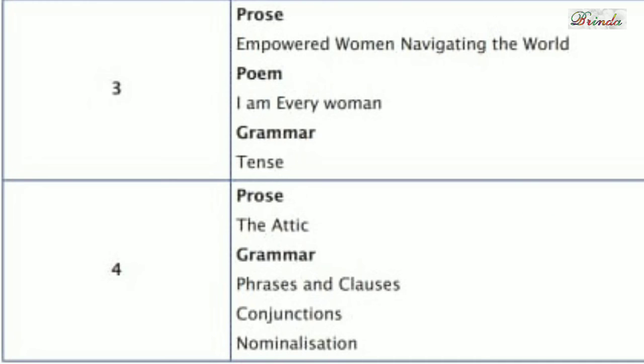In third unit, prose, Empowered Women Navigating the World. Poem, I Am Every Woman. Grammar, tenses. Fourth unit we have in the prose, The Attic, grammar, phrases and clauses, and conjunction and nominalization.